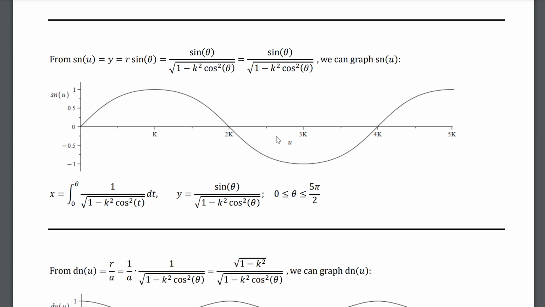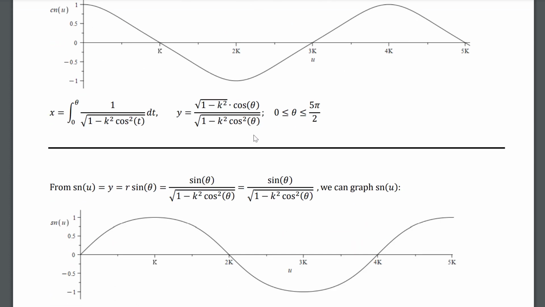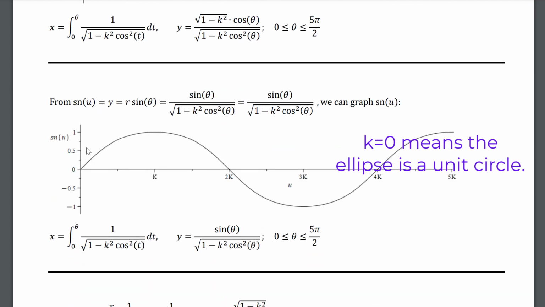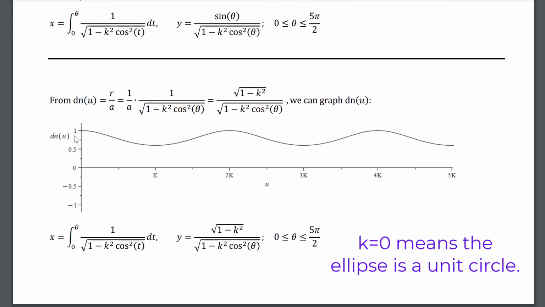So if I shifted this K units to the left, it would be the same as cn divided by dn. On a unit circle, cn will be cosine, sn will be sine, and dn will just be the number 1. And capital K would be pi over 2.